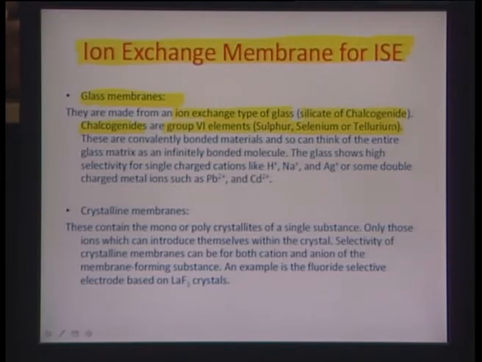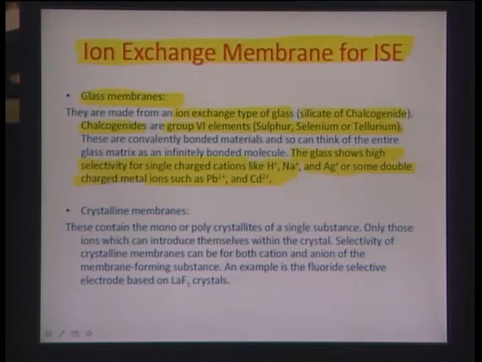Such glasses have the tendency, maybe by virtue of their crystal structures, to show high selectivity for single charged cations, ions like hydrogen plus, sodium Na plus, silver, or at the most some double charged metal ions such as lead and cadmium ions.